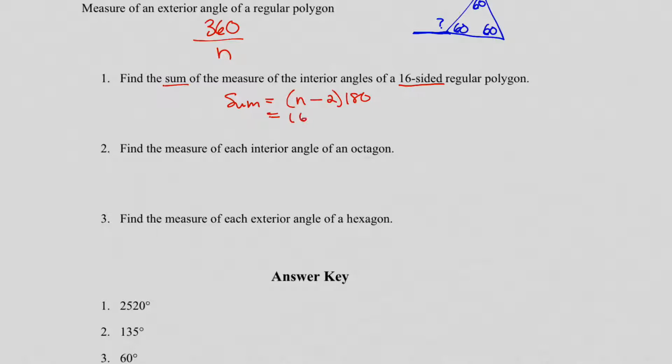So if it has 16 sides, then we're doing 14 times 180, which happens to be 2,520. Okay, that is a 16-sided figure. That's a lot of sides, so we've got a big number here.